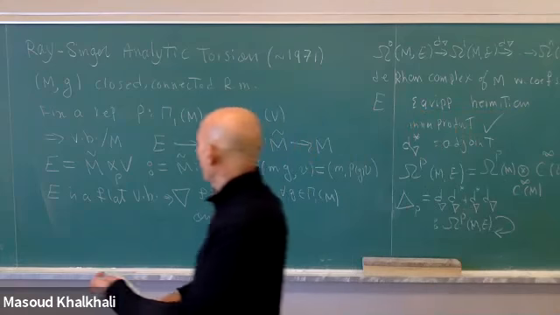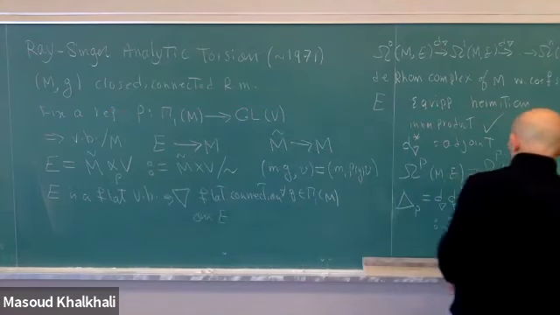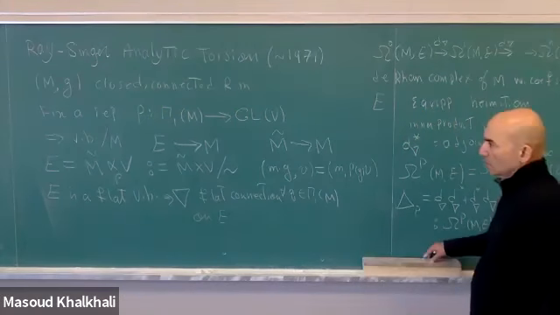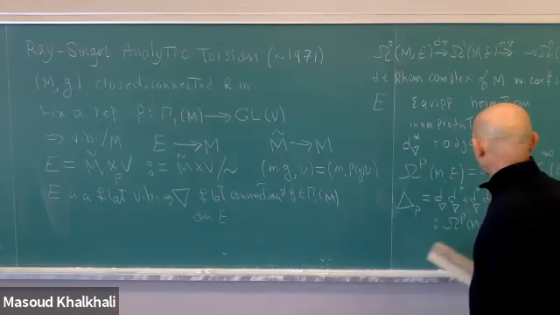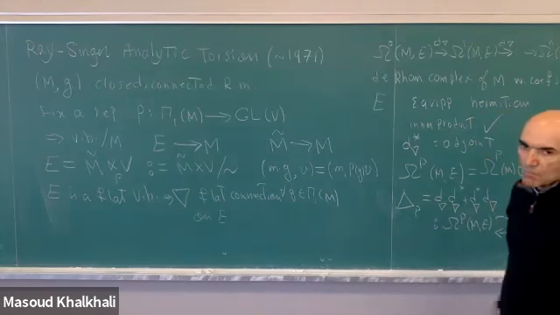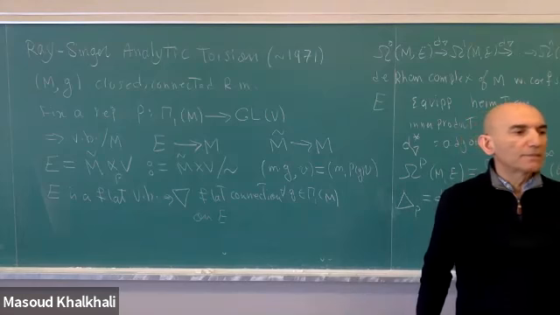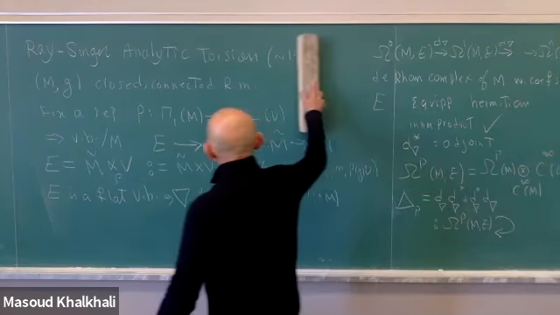Okay, so this business works. Then what do you want to do? Then, of course, this operator has a discrete spectrum again, like the usual Laplacian. So let me write it.